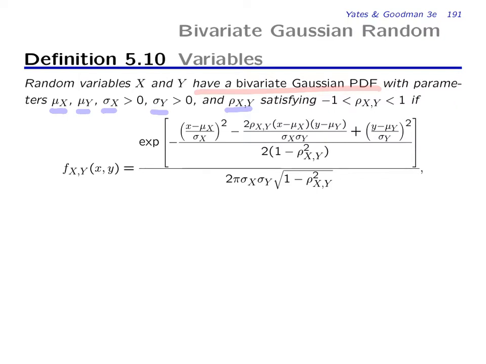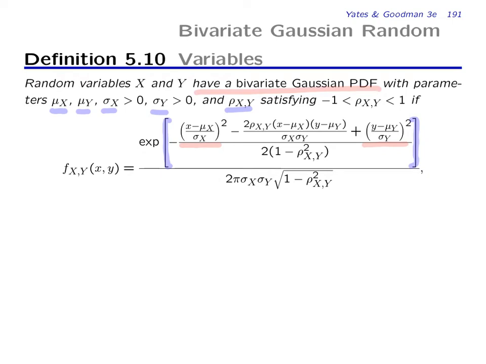The numerator is an exponential function, and the argument of the exponent, everything here in the square brackets, is a big quadratic term. It includes things that look like x squared and y squared, normalized by mu x and sigma x, mu y and sigma y.